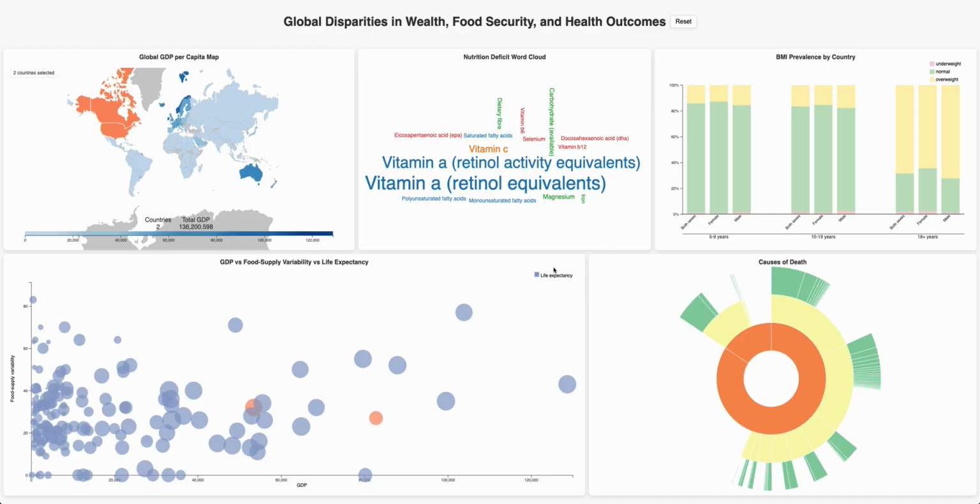In the bubble chart, North American bubbles sit at moderate to high GDP with low to moderate variability, signs of a stable food system, and their bubble sizes indicate high life expectancy.